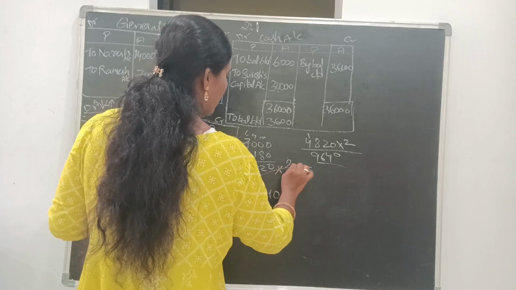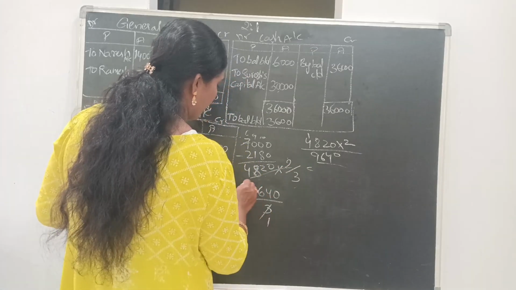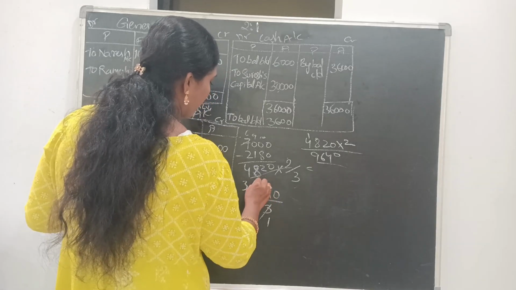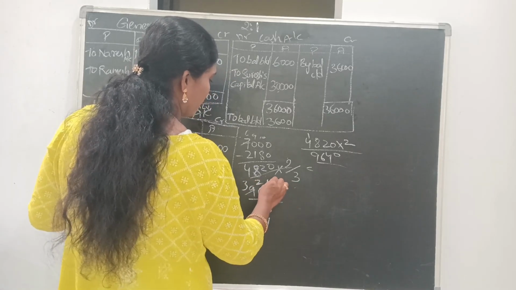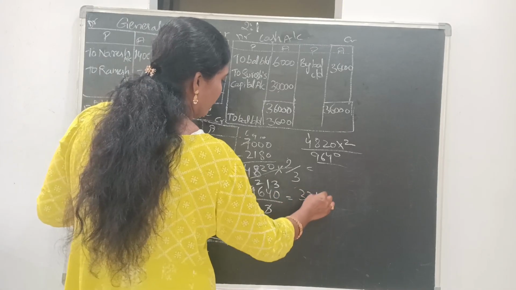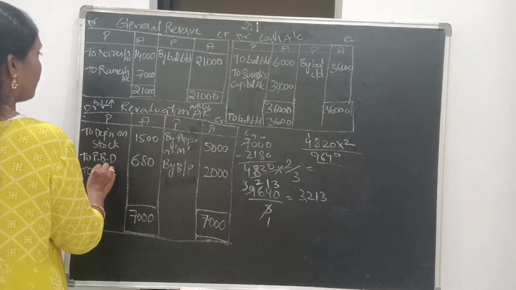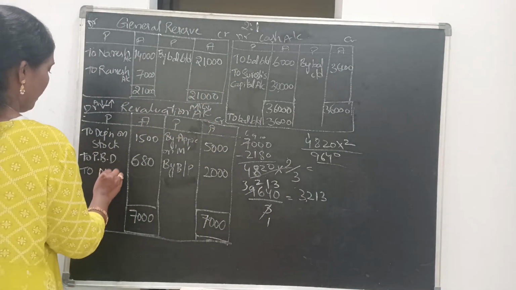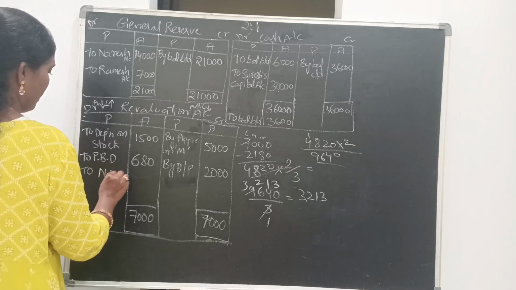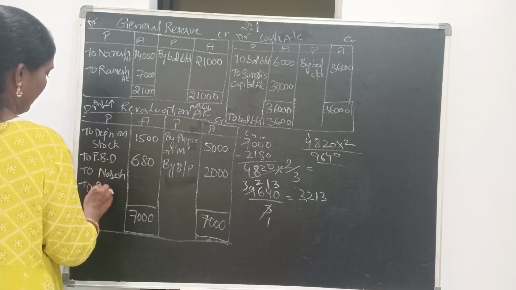I'm multiplying these two first. 9640 by 3, 3213. 3213 is the Naresh capital. Next, coming to Ramesh account.